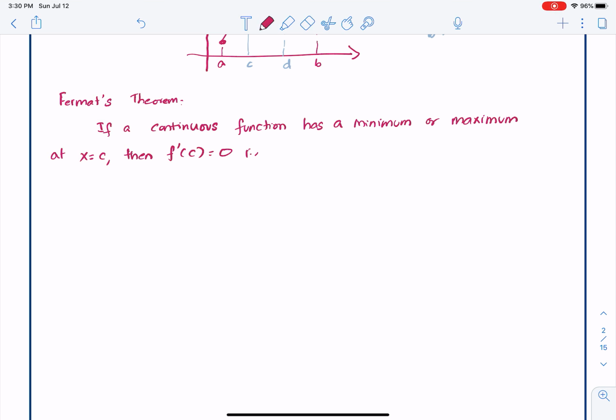That is, the derivative of the function at x is equal to c is 0.